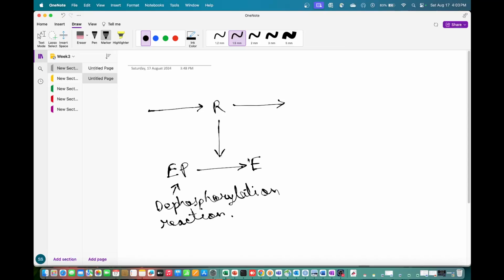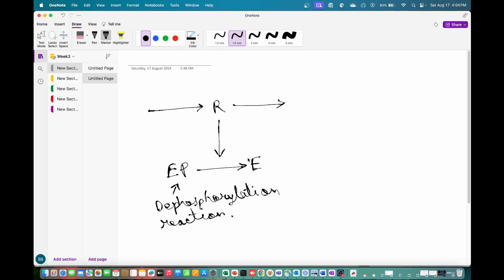In biological systems, you'll notice this activation and deactivation is mostly done through phosphorylation. Either you add a phosphate group to a particular molecule and that molecule becomes activated, or you remove it and it becomes deactivated, and even vice versa.